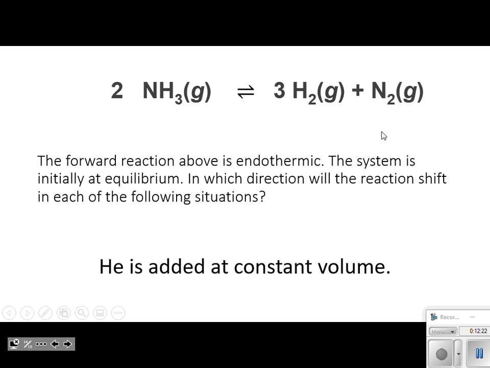Now, this isn't He, ladies and gentlemen. It's helium. Helium is added at a constant volume. Now, this is kind of confusing, because the textbook I got this problem from said that nothing will occur here because helium is not involved in this particular equation, which I get. I understand that.